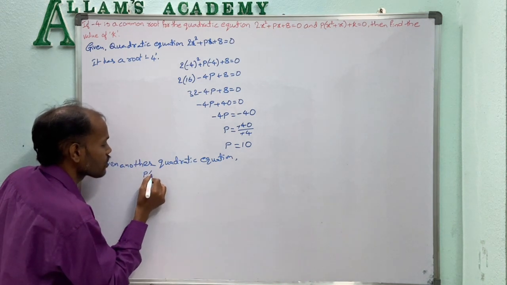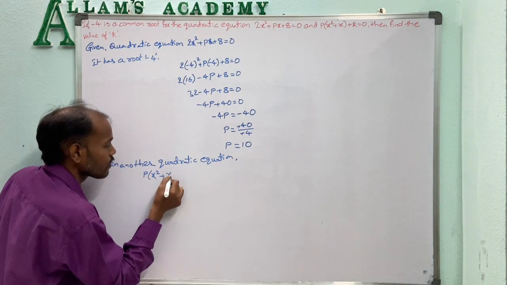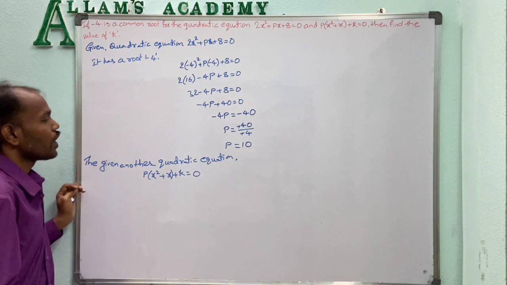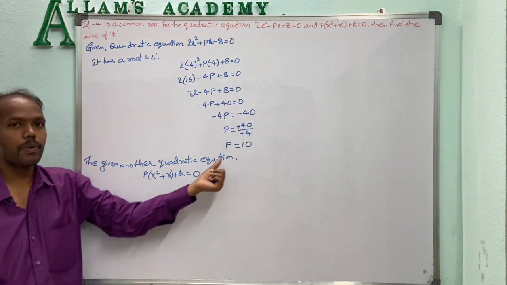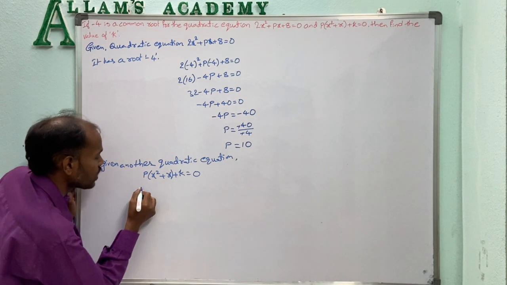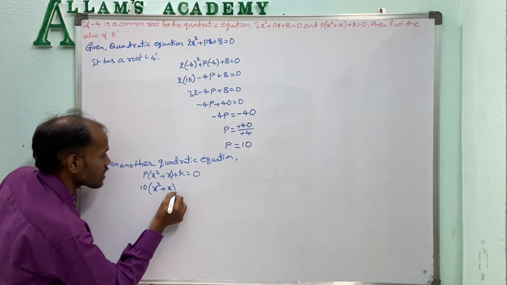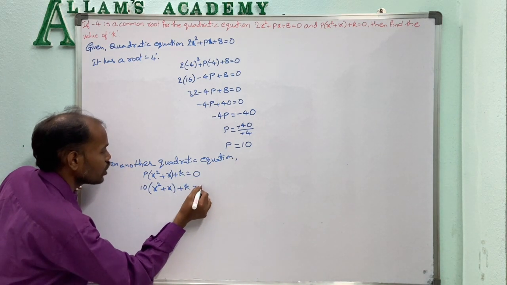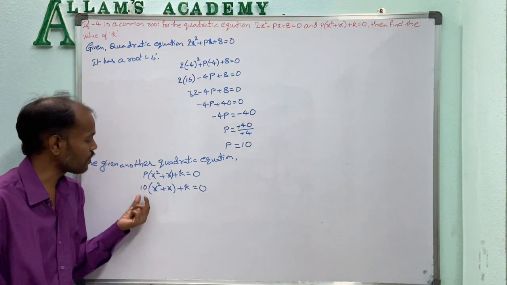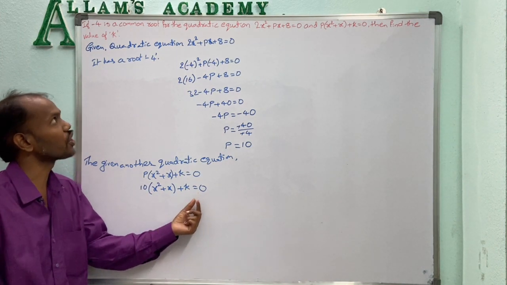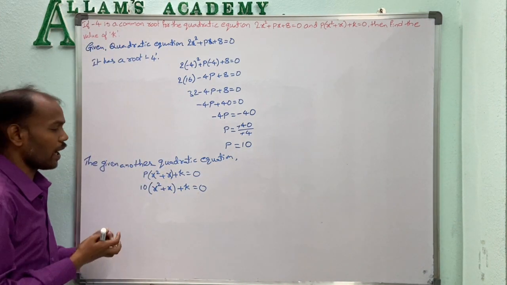p of x square plus x plus k equal to 0. Now in the place of p, we can substitute 10. So 10 into x square plus x plus k equal to 0. Now the quadratic equation 10x square plus x plus k equal to 0 has a root minus 4.